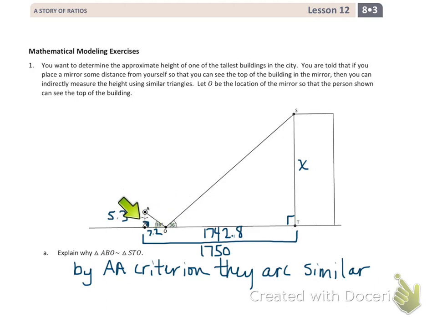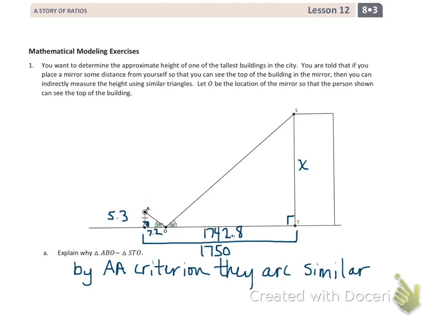It needs to be reflected over right here. We can see that this side length corresponds to this side length, the person, the 5.3. And the side length along the bottom here corresponds to this part. We don't know this measure, but if we did, it would of course correspond to that side of the triangle.